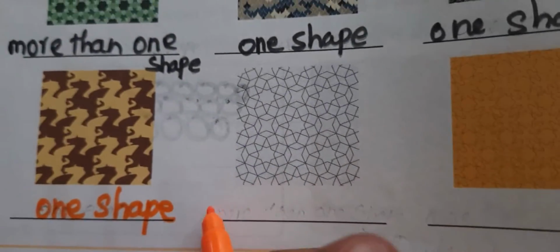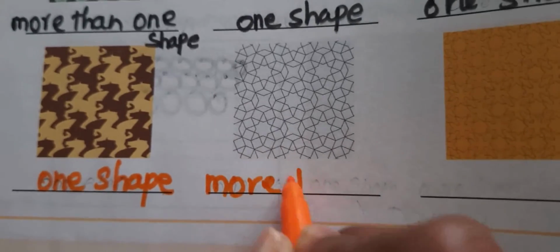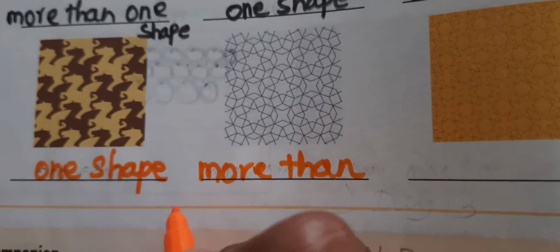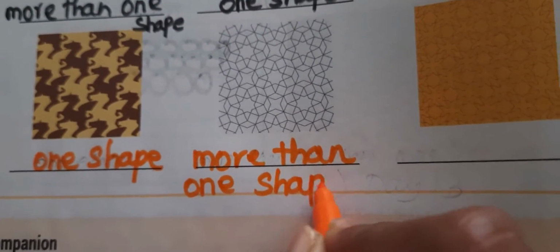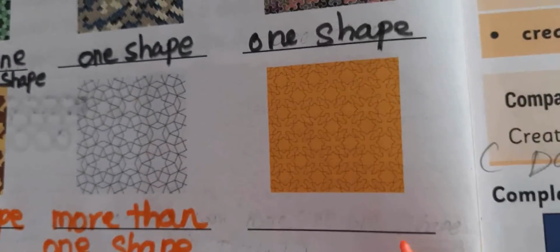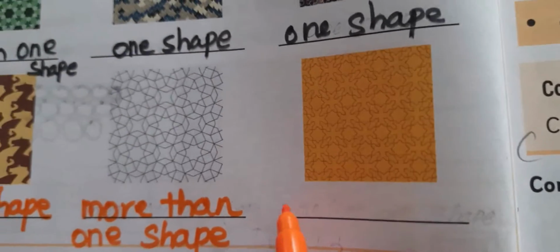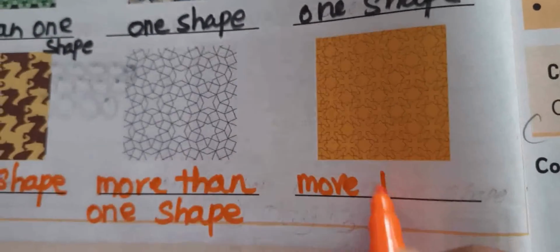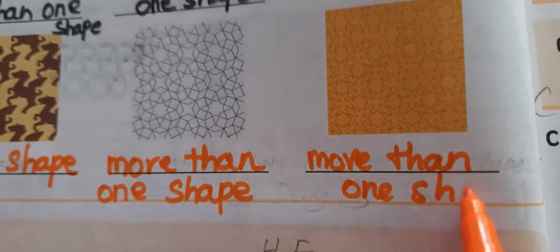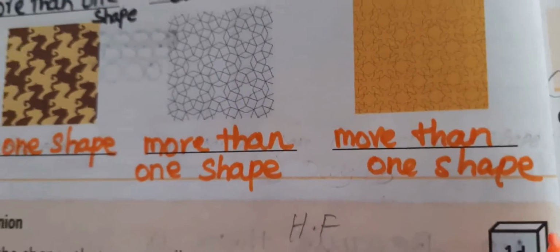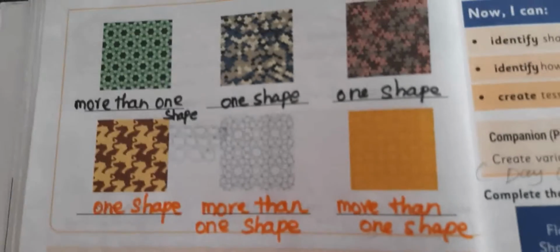The next one is more than one shape. One shape. The next one is more than one shape. Very good. Do you have any doubts in this topic?